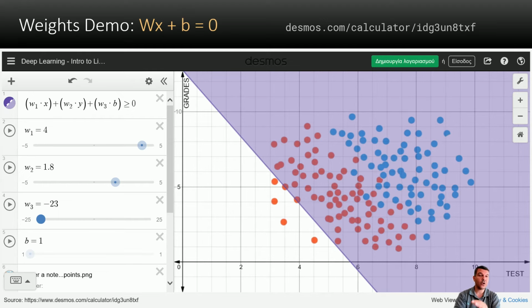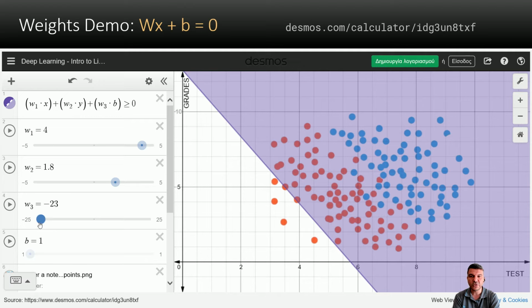So I hope you understood how the weights, visualized as music console sliders, affect the result of the line. Now, what a neural network really has to do is find the best possible way to alter those three parameters in order to get the line that will separate the blue from the red points.